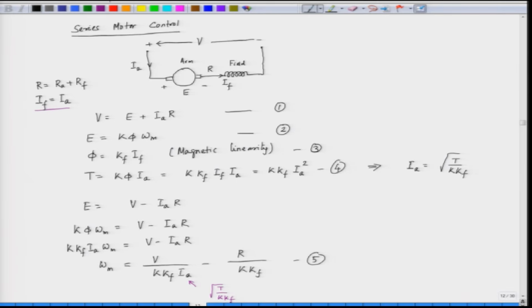It means, what we do here, we connect some resistance in parallel here, so that the field current is reduced through the field winding. This is called the diverter resistance.